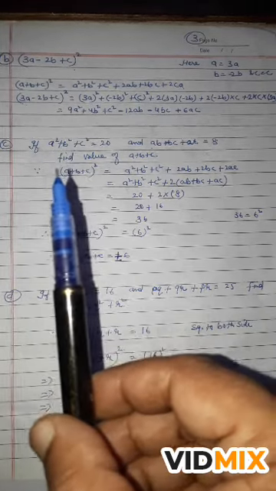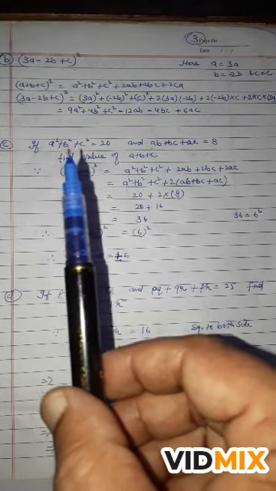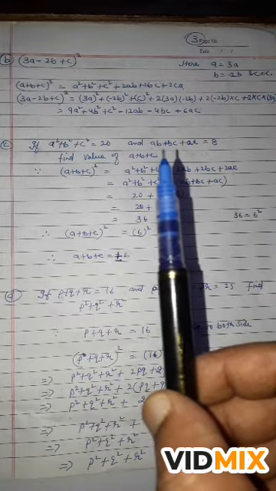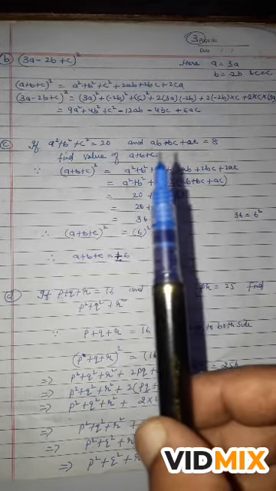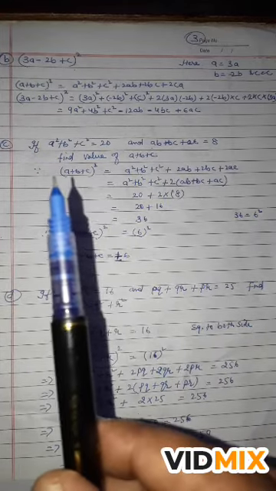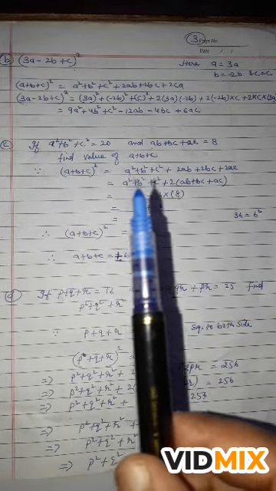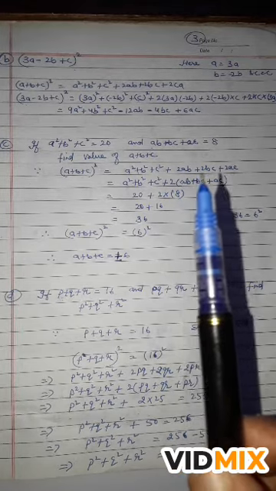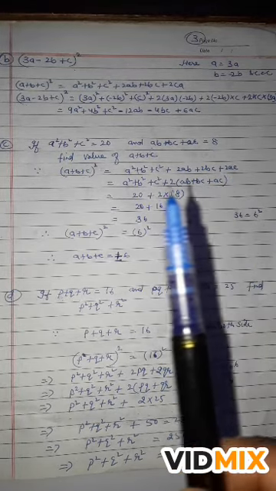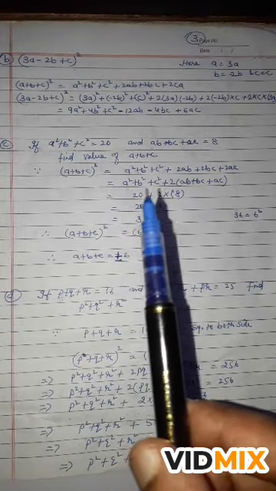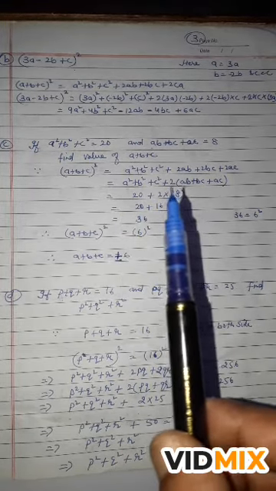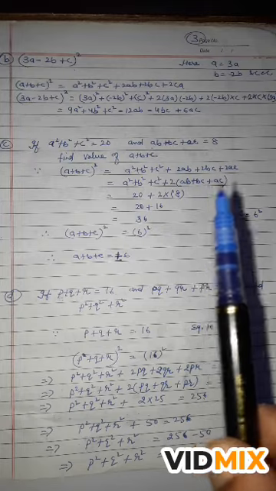We have one example: if a² + b² + c² is 20 and ab + bc + ac is 8, then find the value of a + b + c. We'll take (a + b + c)² = a² + b² + c² + 2ab + 2bc + 2ac. We write this right hand side in such a way that a² + b² + c², here we take 2 common, so 2(ab + bc + ac).